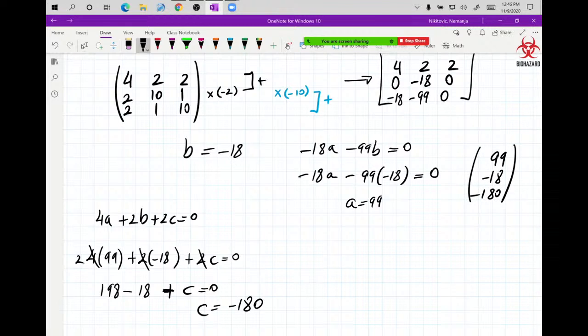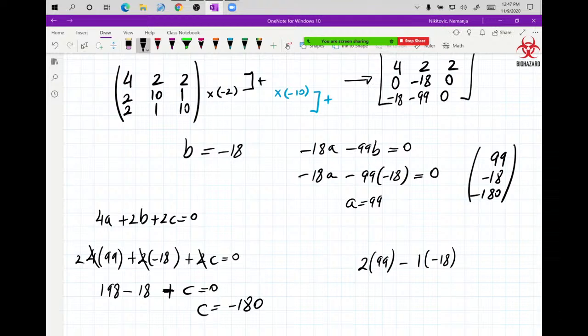So pick the third, let's say. So 2 times A minus 1 times B, which is -18.